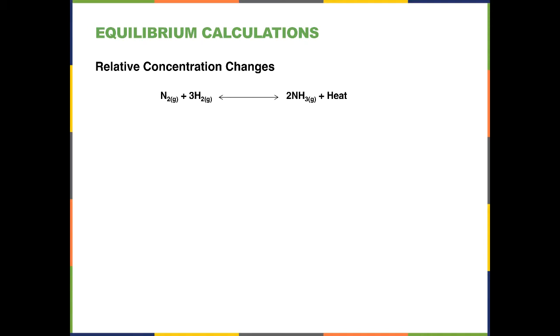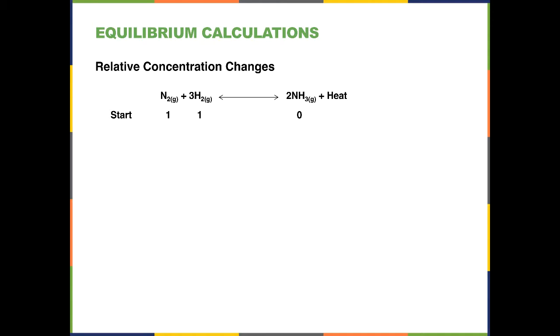Now let's say that we have our reaction here, which is nitrogen plus hydrogen forms ammonia. When you start out in equilibrium, you'll generally, in many cases, start out with some amount of nitrogen and hydrogen on the left side and no ammonia.